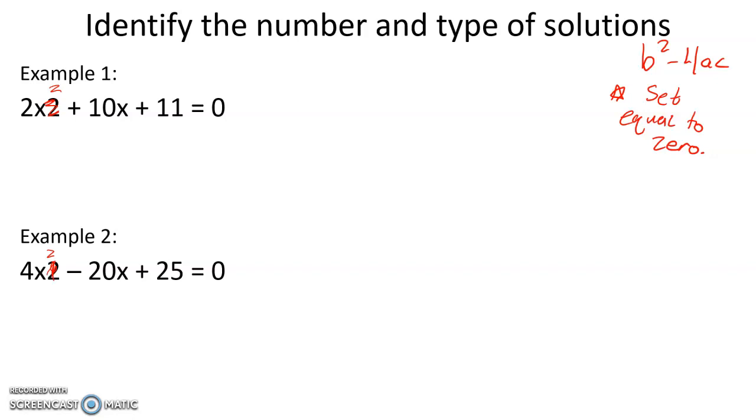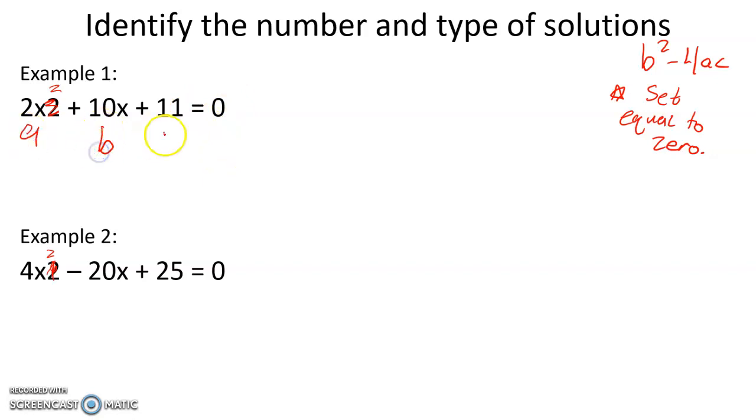And if they're not set equal to 0, then we need to make them set equal to 0. So these examples are already set equal to 0, so we're good. We don't have to do any more work. I think I'm going to set up some more examples later that'll let us see what we need to do to get them equal to 0. But for right now, we're good with where it's at. So it's set equal to 0.